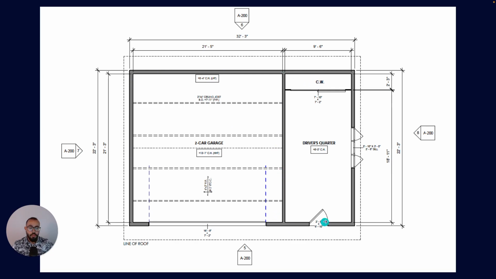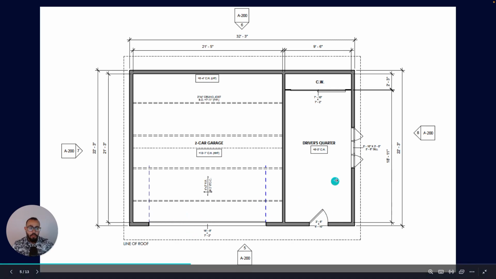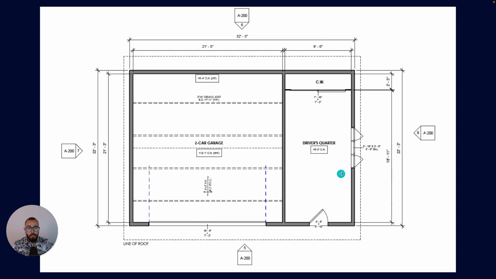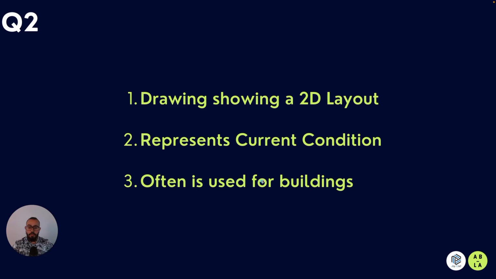Then you will see some doors: there's a door here, and a door here as well. And on the right side, there's a window here. These are the most basic information to include in a building as-built drawing, which is walls, doors, and windows.